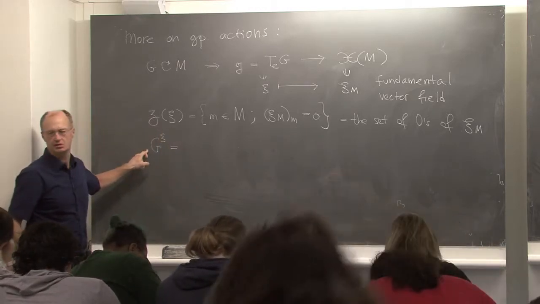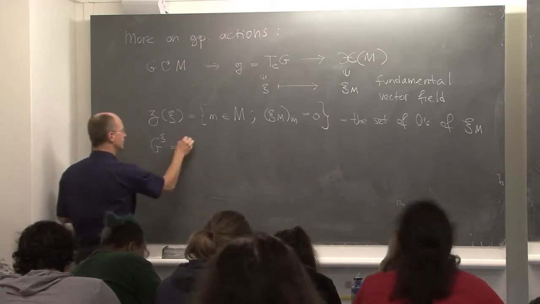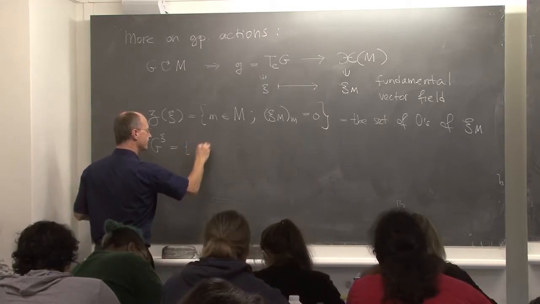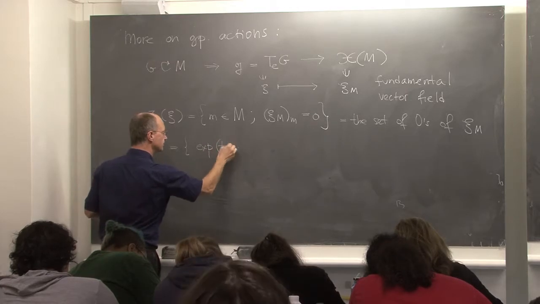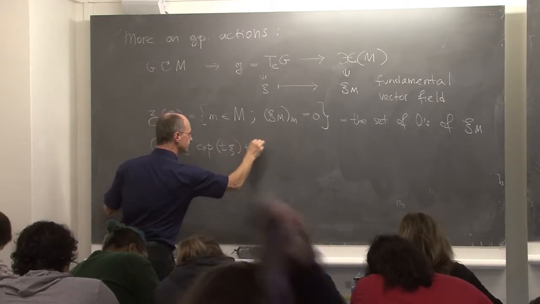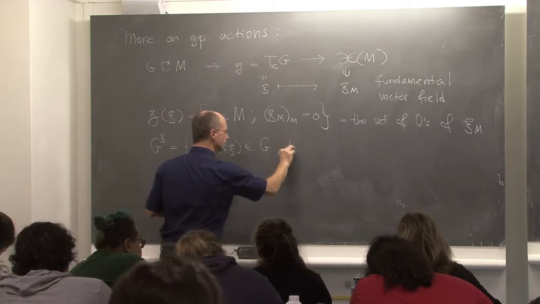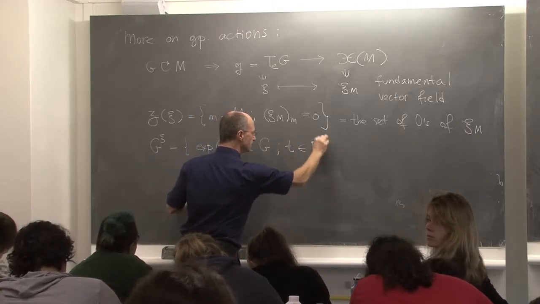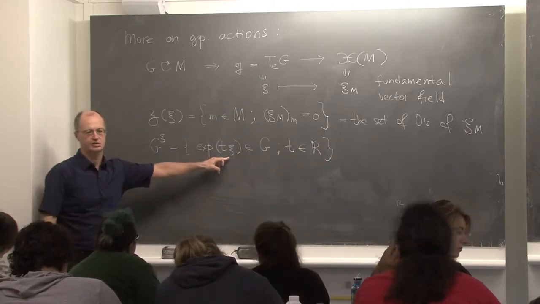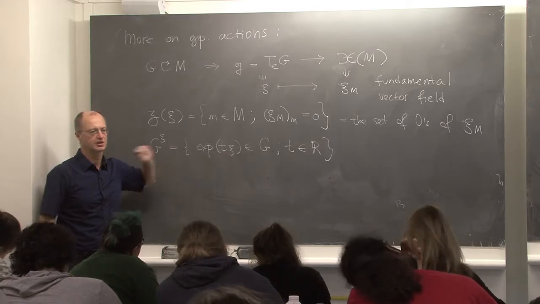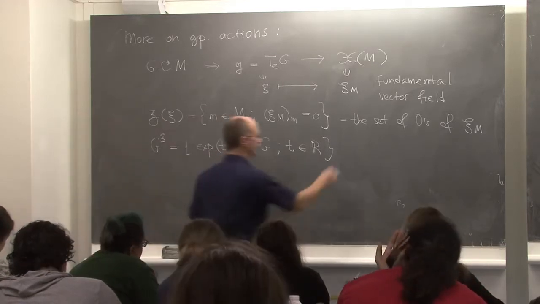So let me denote by G Xi the one parameter subgroup of G which is generated by the Lie algebra element.